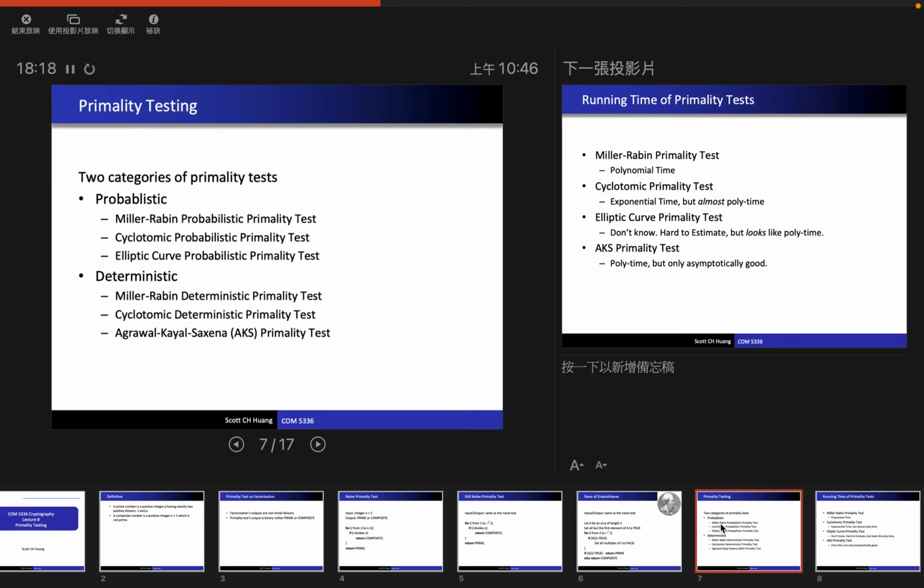So it's not always that polynomial time algorithms are good. If your degree is too big, and you also have a leading constant, if your constant is extremely big, then your polynomial time algorithm is not good enough. But anyway, this is still AKS. It is still a breakthrough.